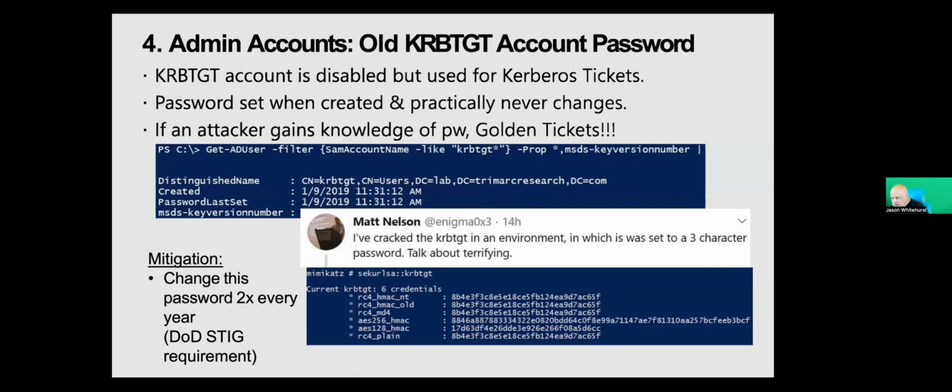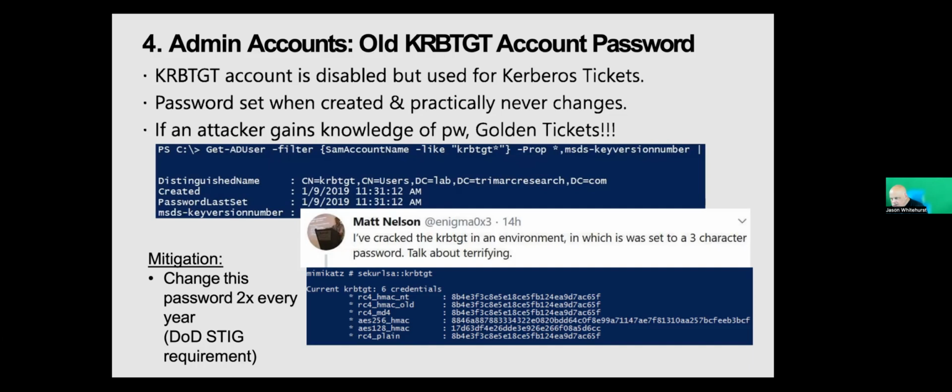There are accounts that are left out there. KRBTGT is an account that's used for Kerberos tickets. It's installed in every domain environment. If they get access or they can hash out the password for that KRBTGT account, then they can use that Kerberos ticket to have full control over the domain environment.